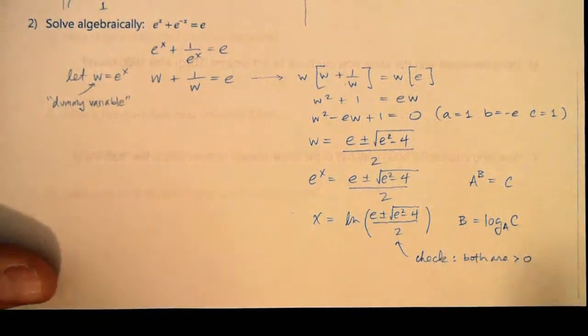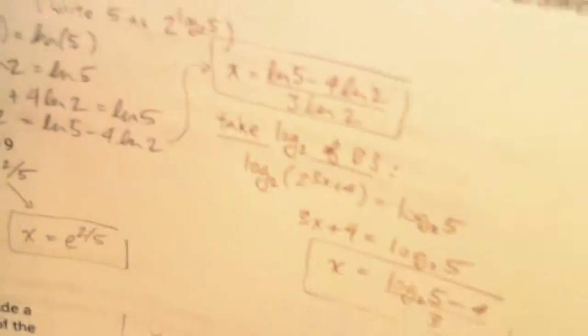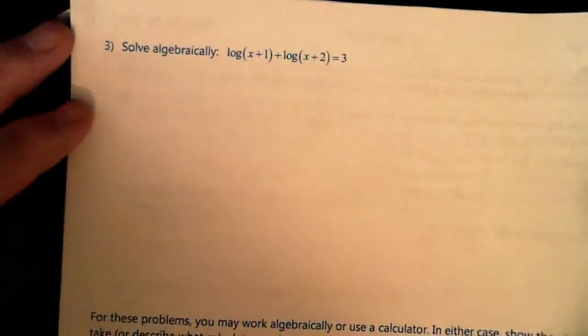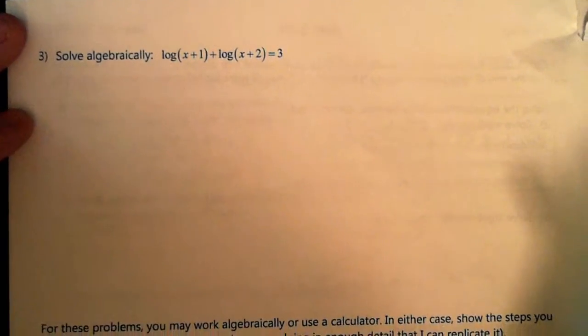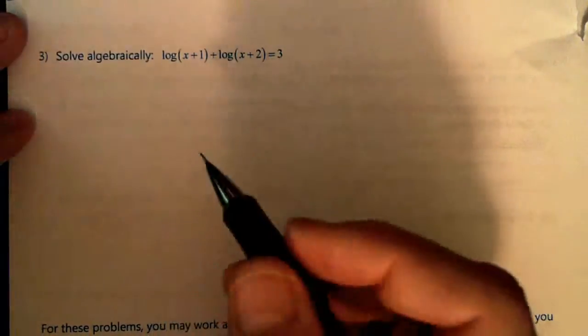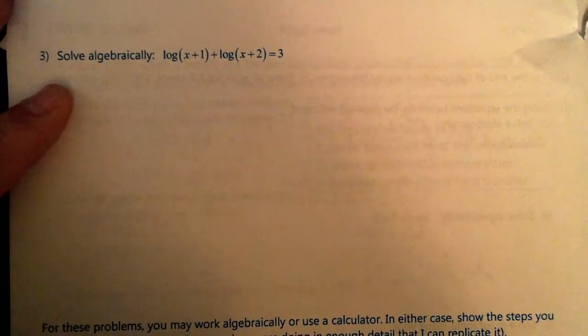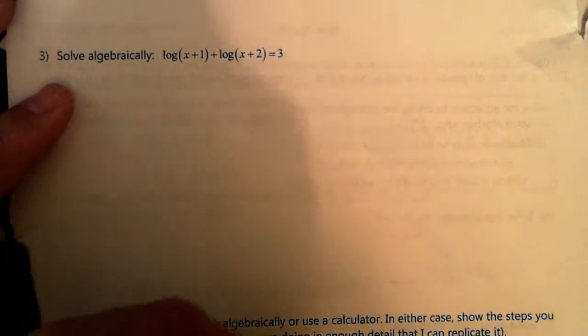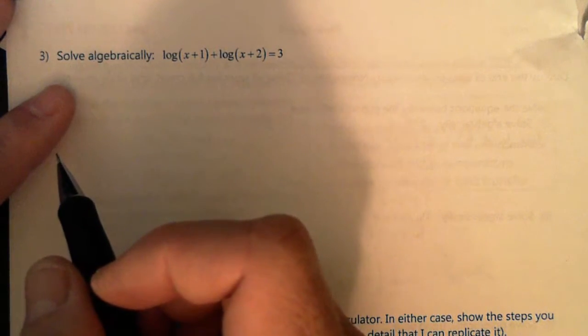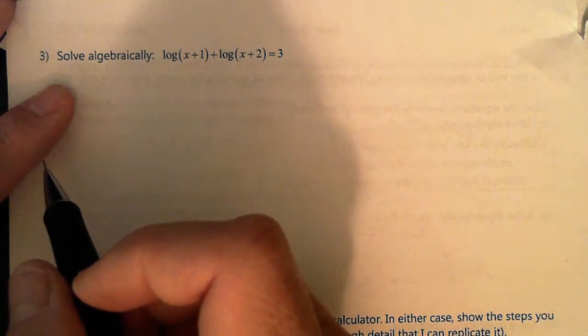Okay. All right, let's check the next page. Another equation to solve algebraically. The log of x plus 1 plus the log of x plus 2 equals 3. You should be able to do this on your calculator, verify which solutions there are.